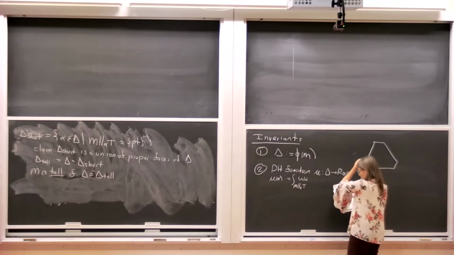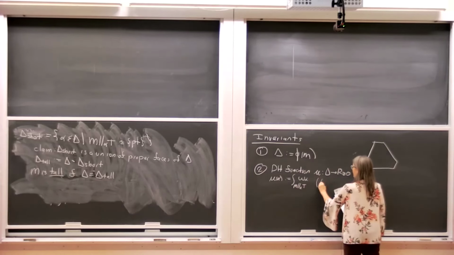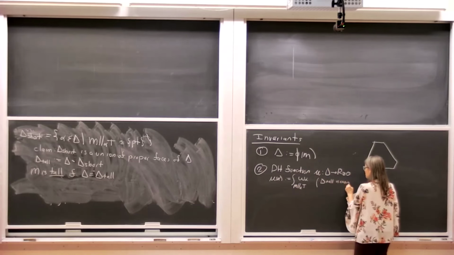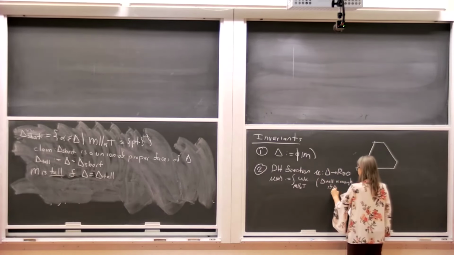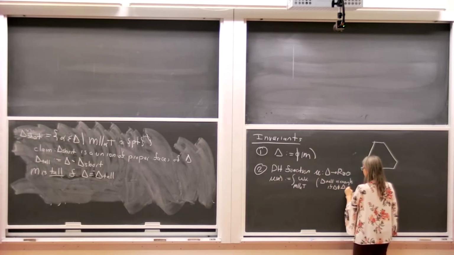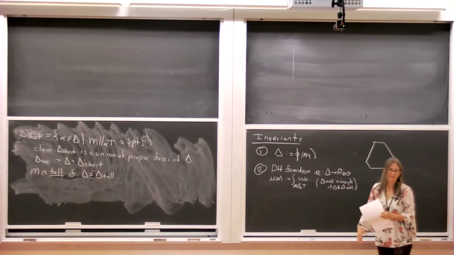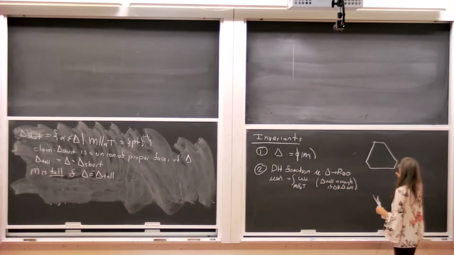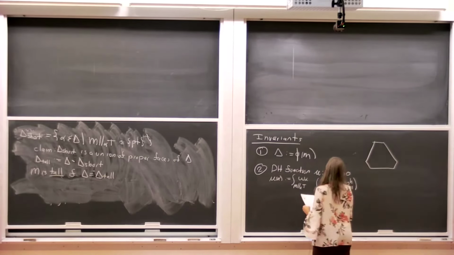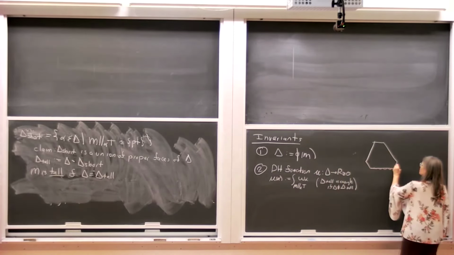But delta tall is enough if delta is not equal to delta tall. So if we're not in the tall case, you don't actually need this invariant. It's kind of this extra. So I can just tell you that in this case of my flag manifold, these are the short points.